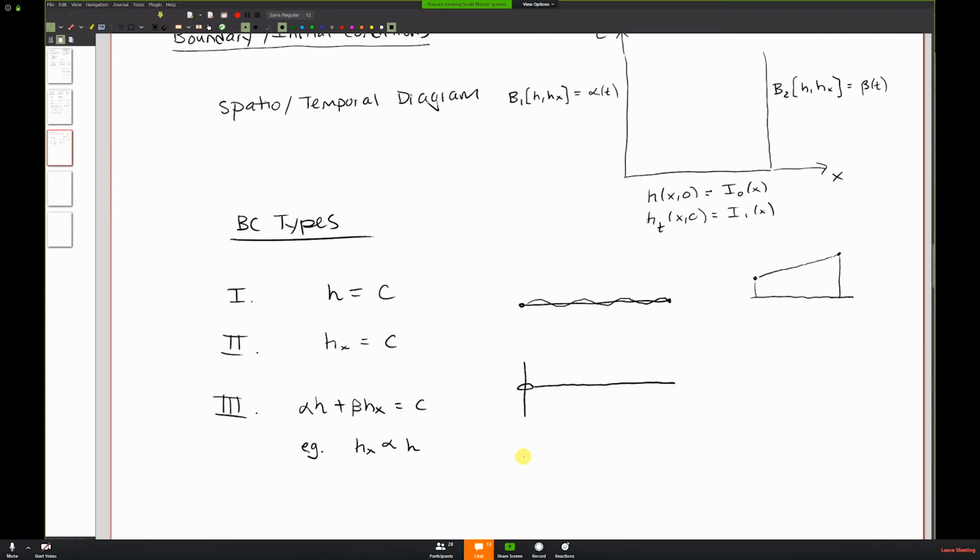Again, you can assign a physical meaning to this. What it would mean in this case is you have a frictionless hoop attached to a pole, attached to a spring, which is welded to some location on the pole.